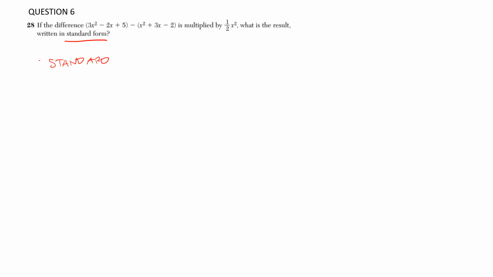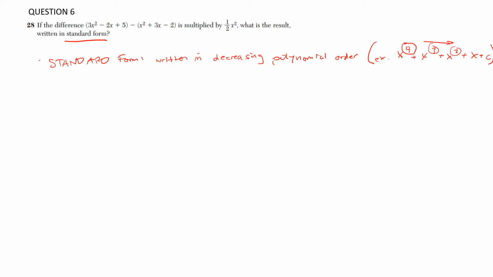It just reminds us that standard form is writing the final answer in decreasing polynomial order. And that basically means, just as an example, you want your x to the 4th first, plus x to the 3rd, plus x to the 2nd, plus x, and plus some constants. You need to have your higher powers first, and then in decreasing order, as you can see here.